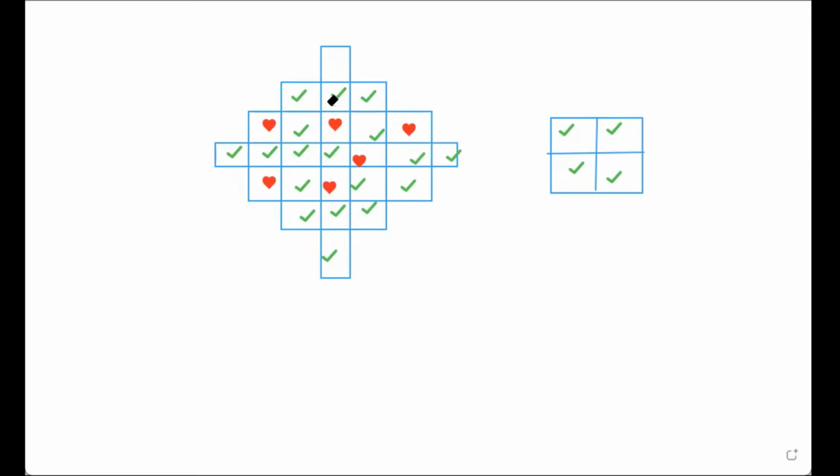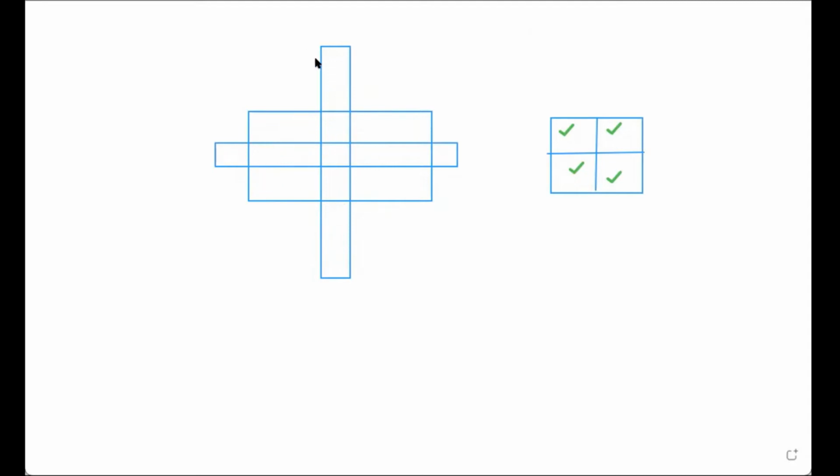So let me clear all these. Now, this time let's try something that isn't randomly placing check marks. Let's try filling in everything with a check mark and see if we can figure out the least amount of check marks that we can remove, which is equal to the number of squares not filled in.